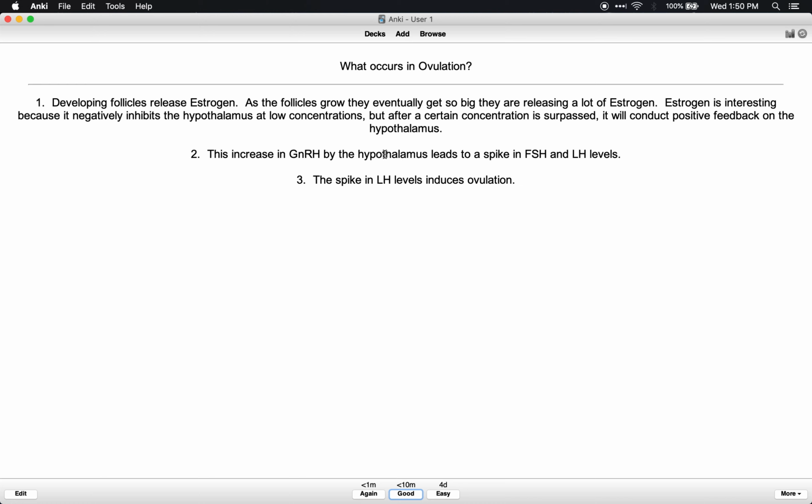But after a certain concentration, it will conduct positive feedback on the hypothalamus. This increase in GnRH by the hypothalamus leads to a spike in FSH and LH levels. And the spike in LH is what actually induces ovulation.